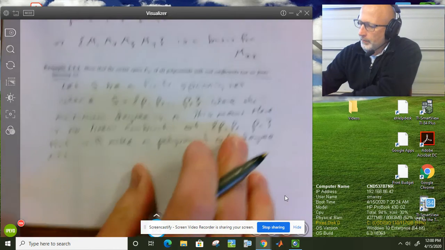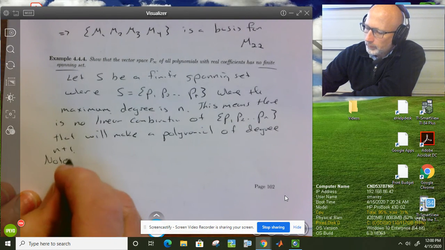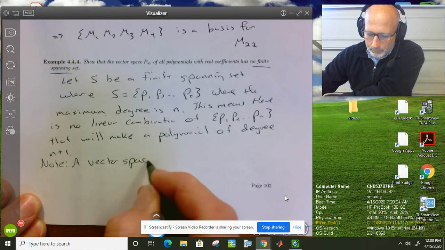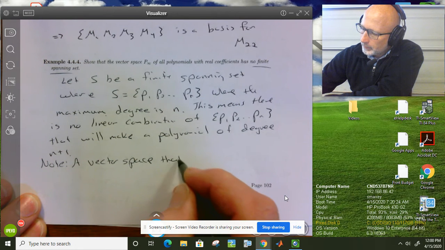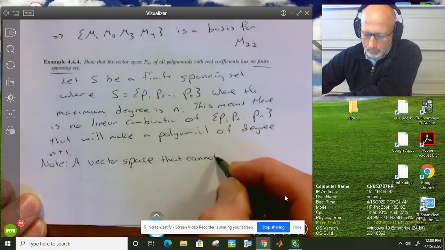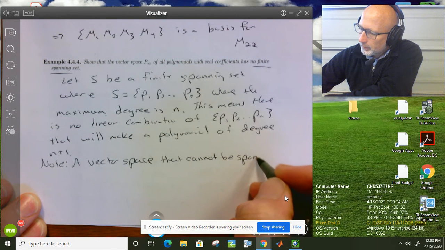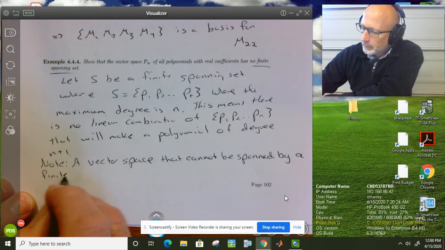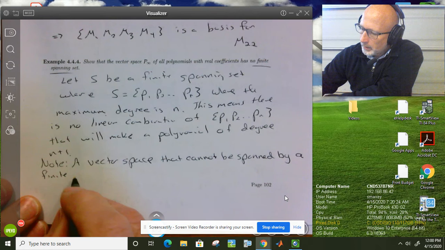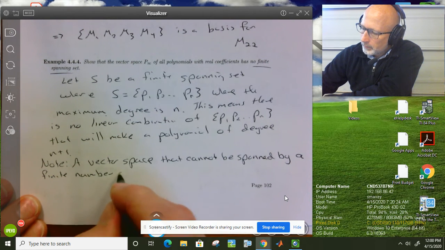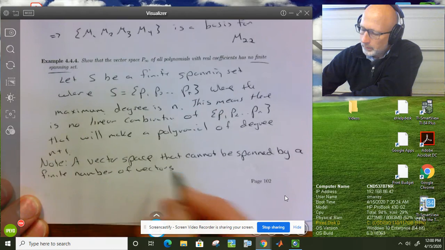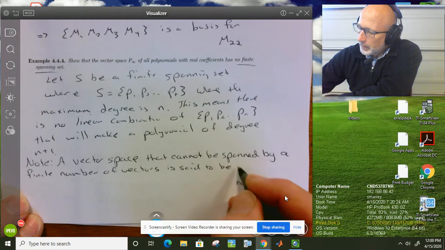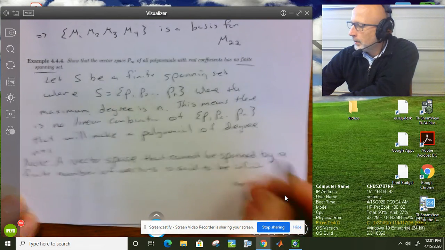Okay, so we have a special name for these. So note, a vector space that cannot be spanned by a finite number of vectors is said to be infinite dimensional.